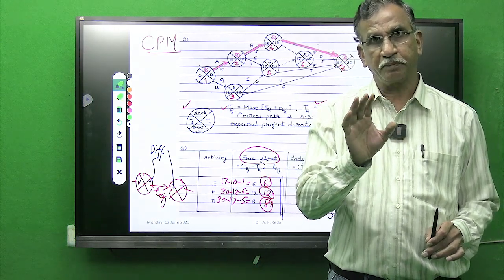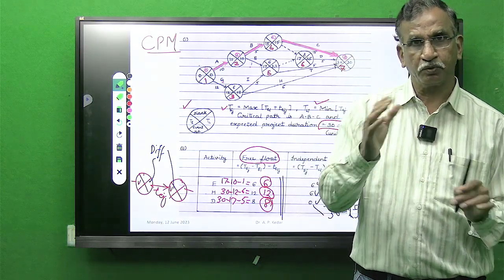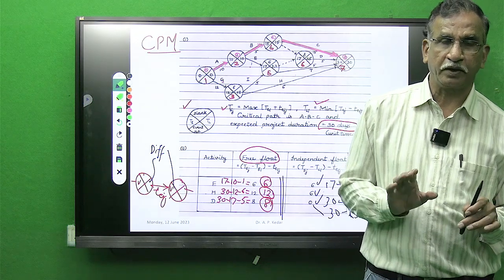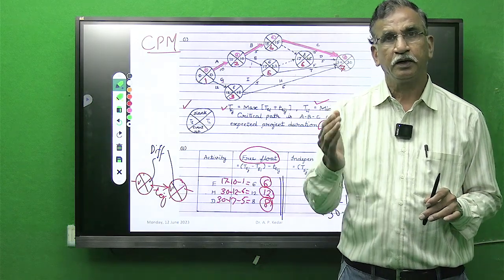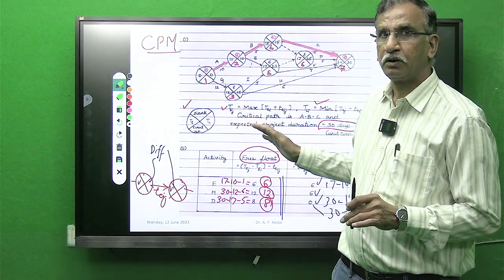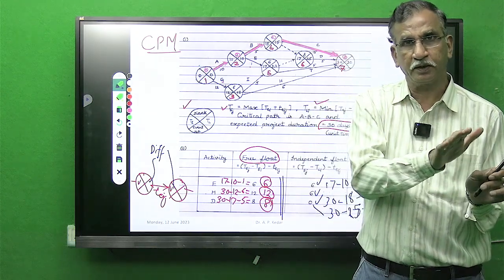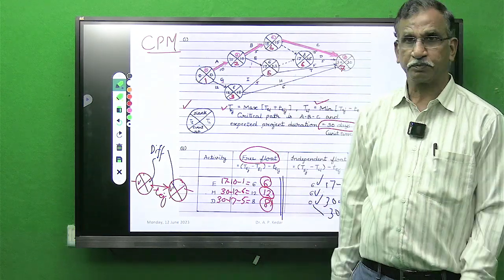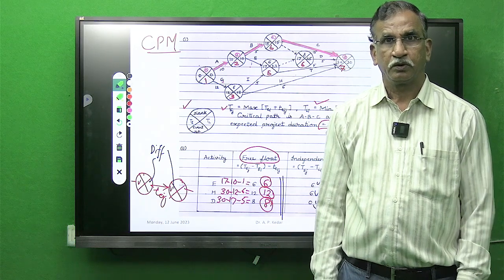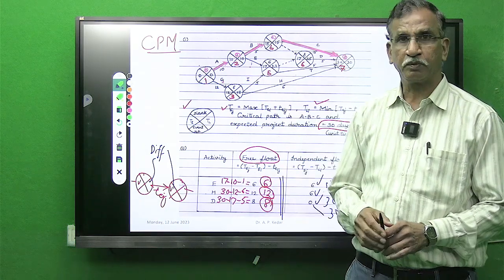So this is how it works. Again I am reminding, the common part in both is drawing the network, finding the critical path, and forward and backward pass calculation. The difference is finding probability in PERT and floats in CPM. So practice this problem.